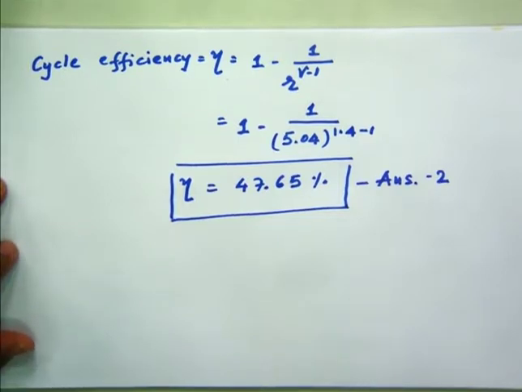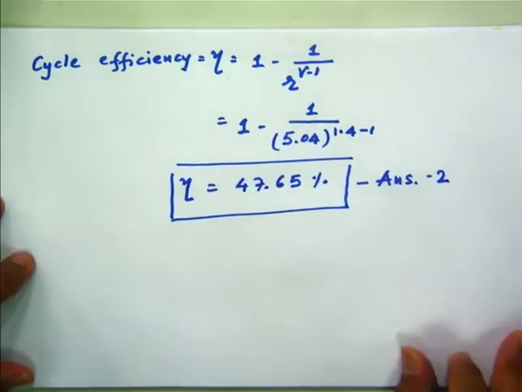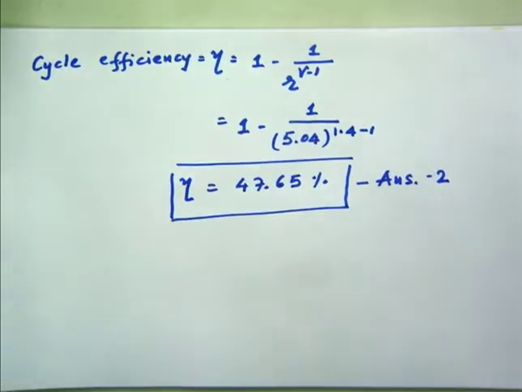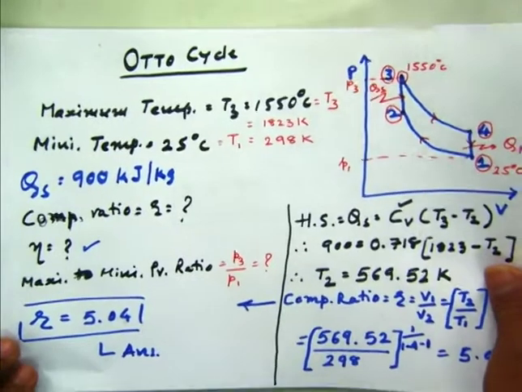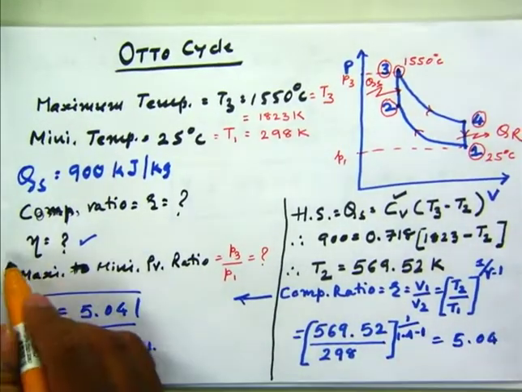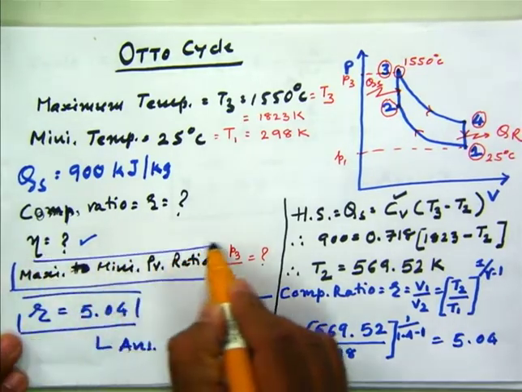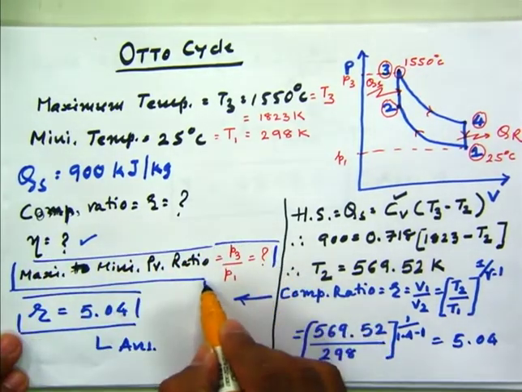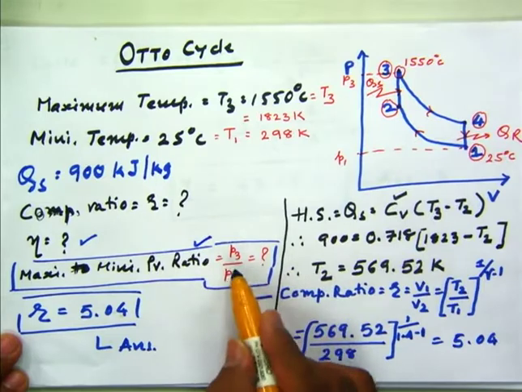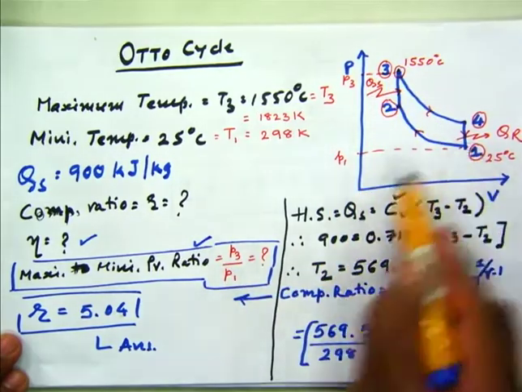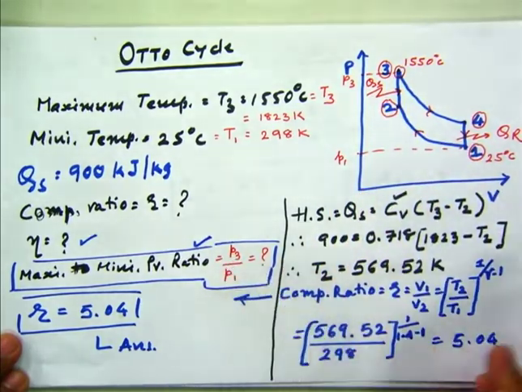Then you have to find out the maximum to minimum pressure ratio, that is P3 upon P1.